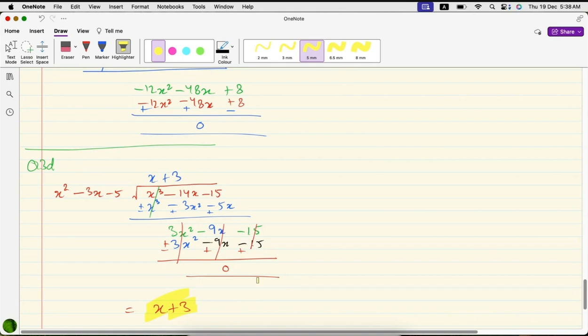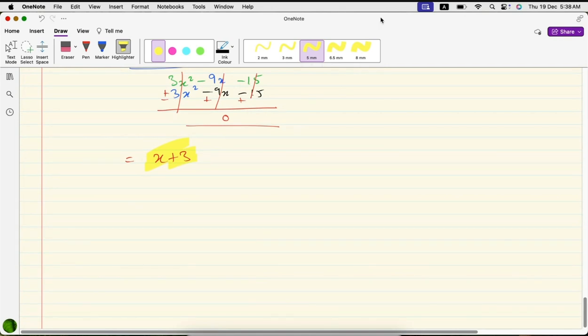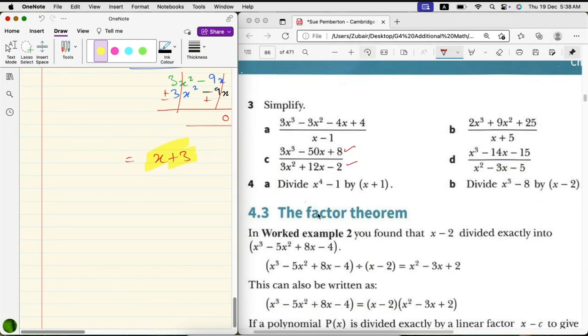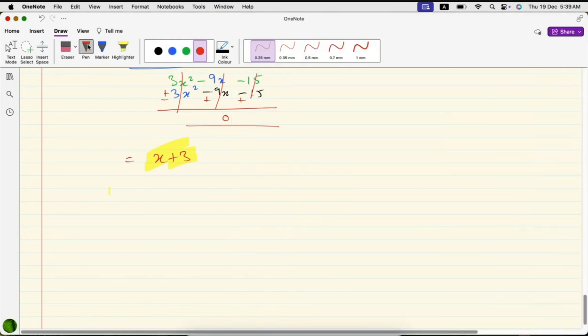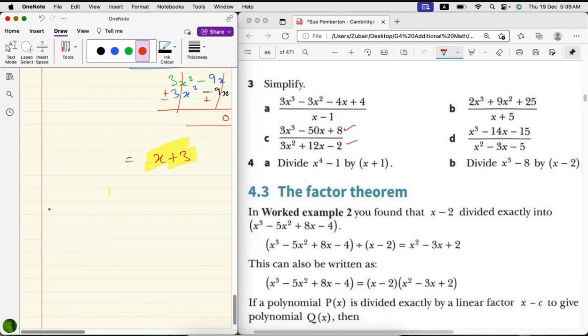x plus 3. Look at 4a. x to the 4 minus 1, and we're dividing it with x plus 1.